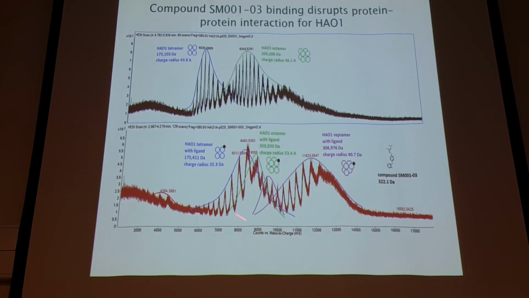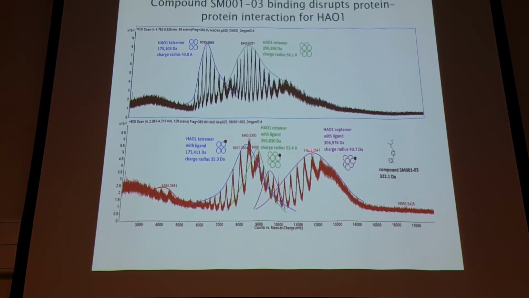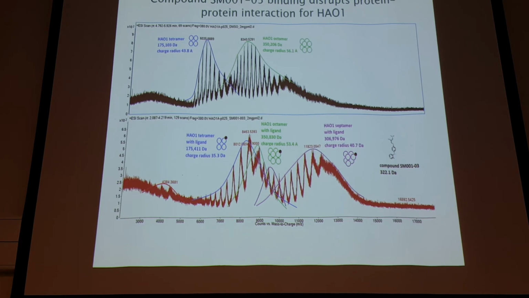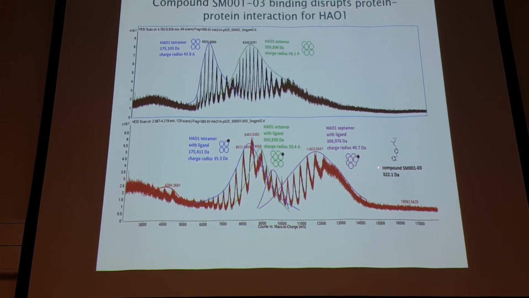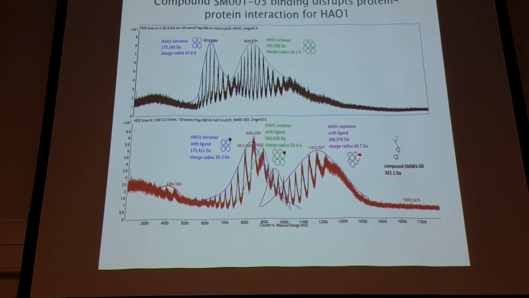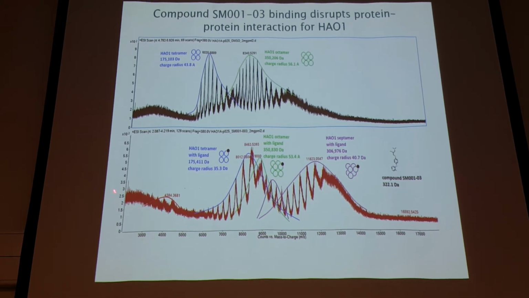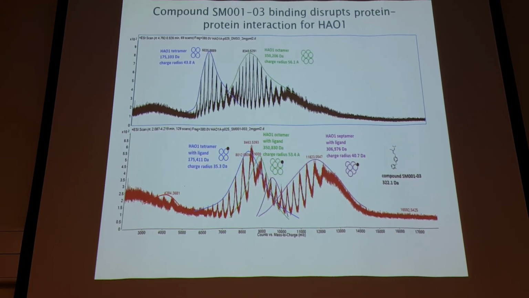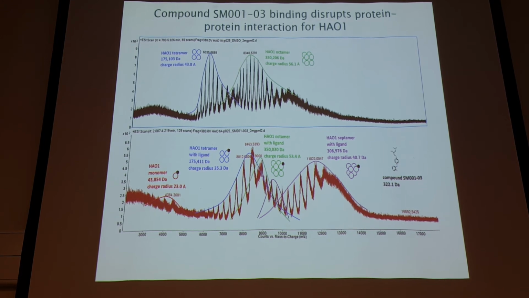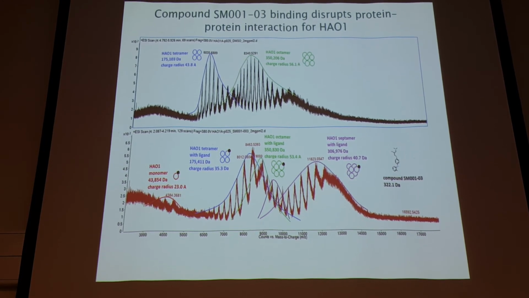That's the tetramer, that's the octamer. This is the new species, and this is the predominant species, and this is the septamer. And the mass corresponds to 7 units with this compound. Also, though, you'll notice we have a 4th species which we didn't have before, and this is the free monomer with our compound also bound.